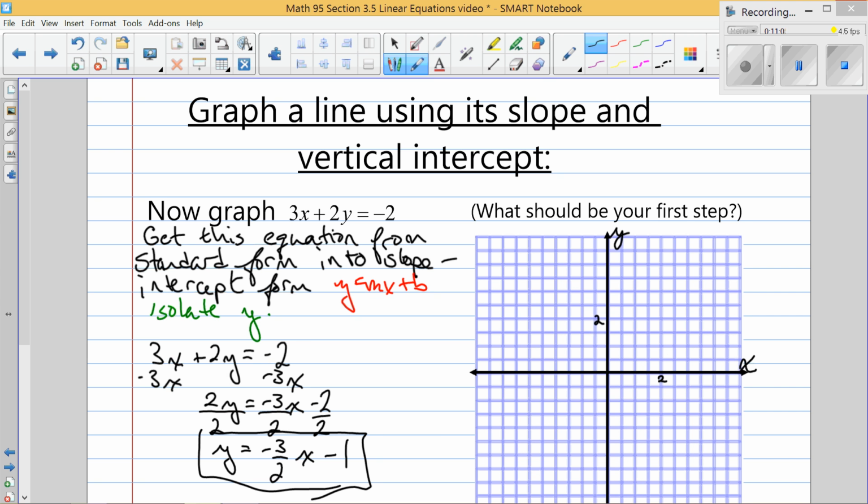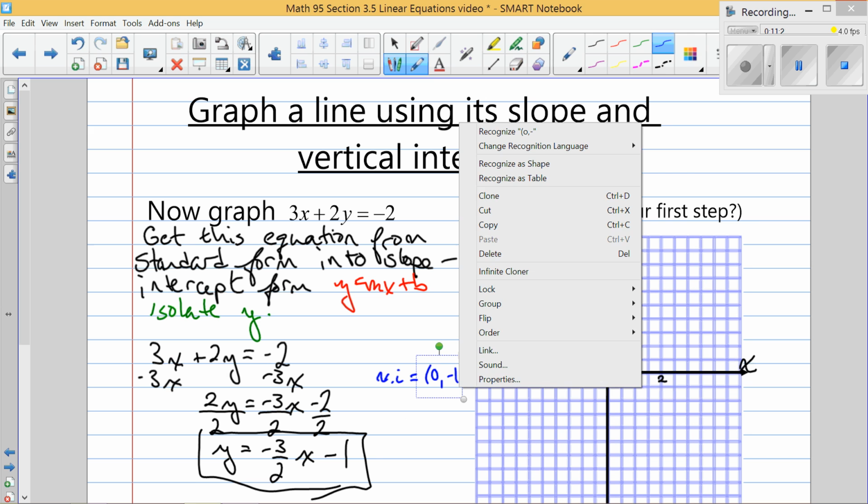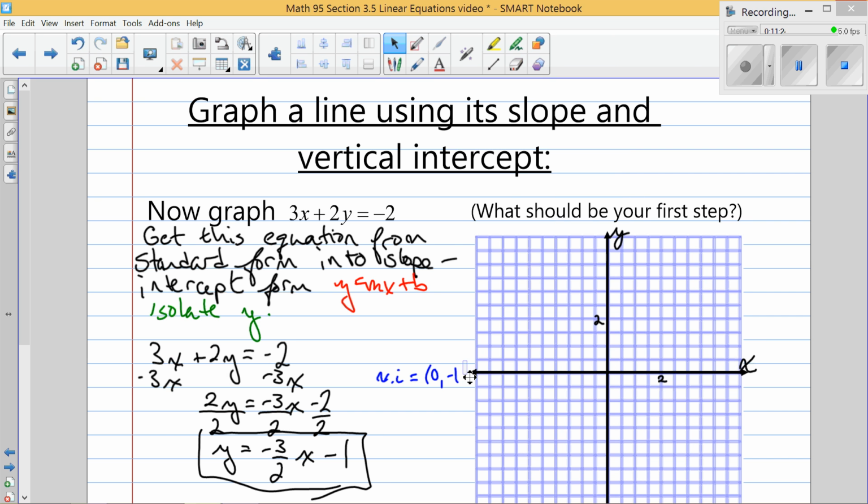Just makes a little bit better use of my graph, given the size of the numbers that I have. I'm going to start at my vertical intercept. Vertical intercept is 0, negative 1. So that's going to be, if this is 2, this right here is 0, negative 1.